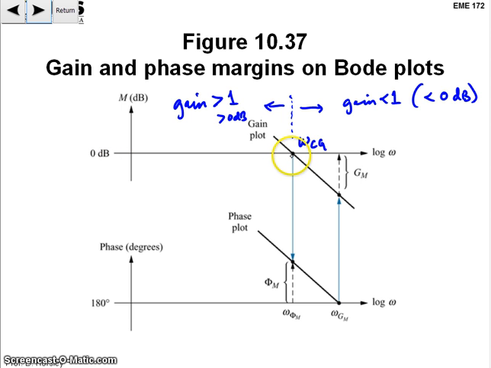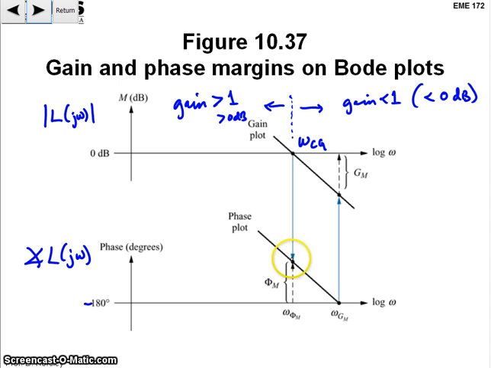Now if we come down here and look at the phase plot for the same system, remember, this is the gain of the loop transfer function, and this is the phase of the loop transfer function. Here's the phase plot, and the critical point is minus 180 degrees. Now we look at the gain crossover frequency.